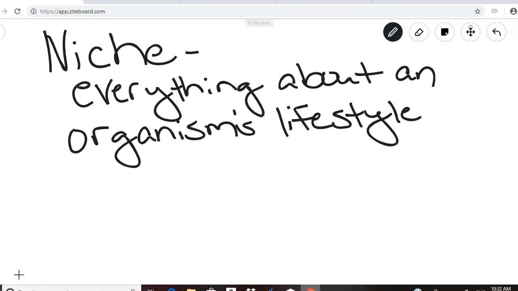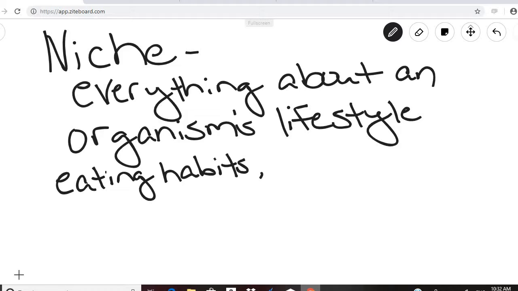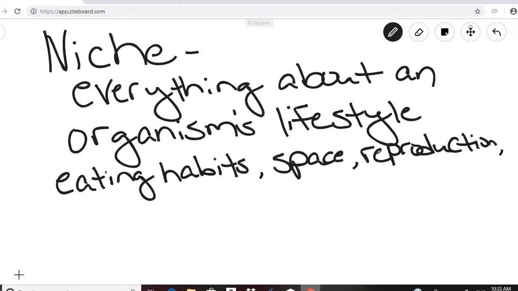So this would include its eating habits, the space where it lives, and it would include stuff about its reproduction and other behaviors.